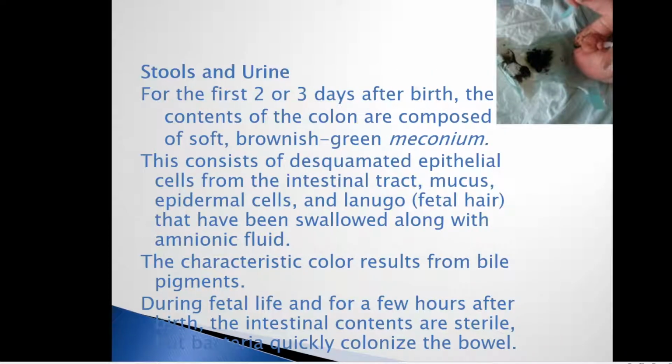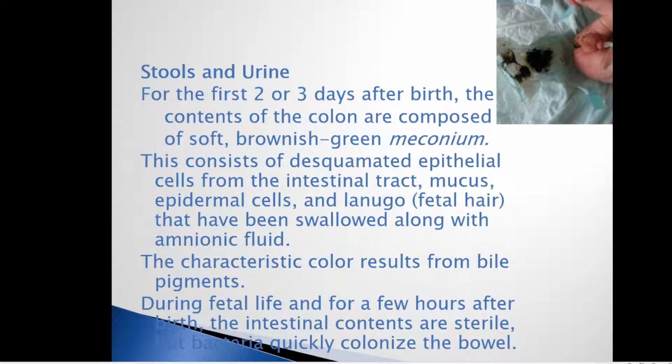Stools and urine. Of course, students must know that for the first 2 or 3 days after birth, the contents of the colon are composed of soft, brownish, even green meconium.